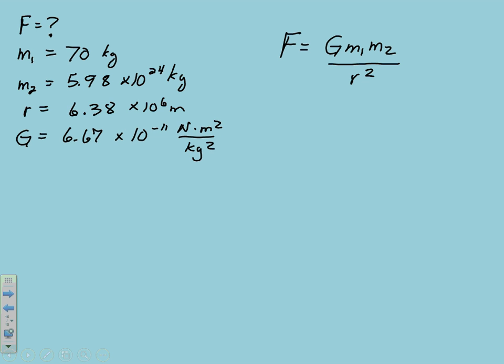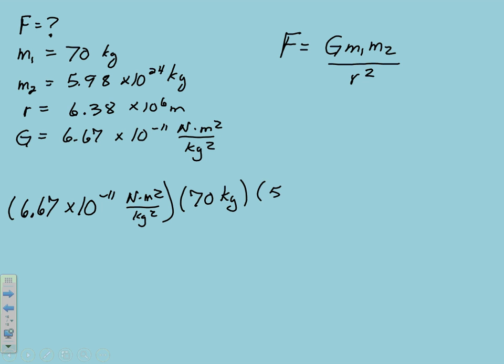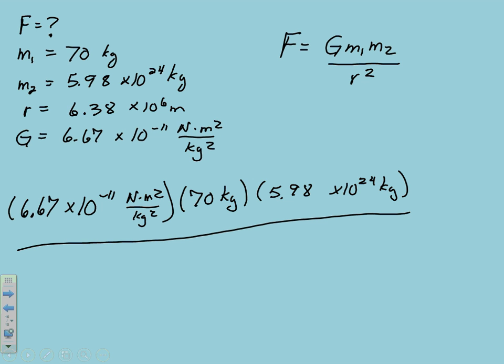Okay, putting in our numbers, we have 6.67 times 10 to the negative 11th newtons meter squared over kilogram squared times the mass of the student multiplied by the mass of the Earth, 5.98 times 10 to the 24th, huge mass, all divided by 6.38 times 10 to the 6th meters quantity squared.